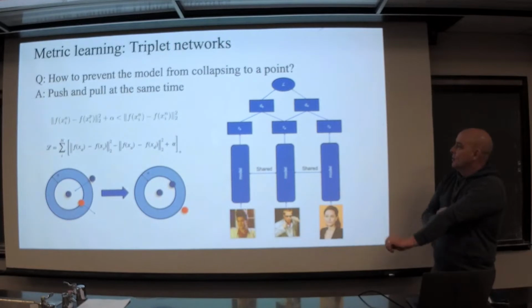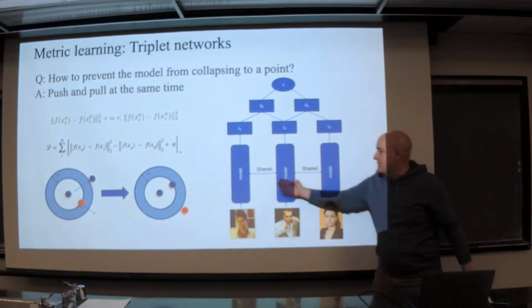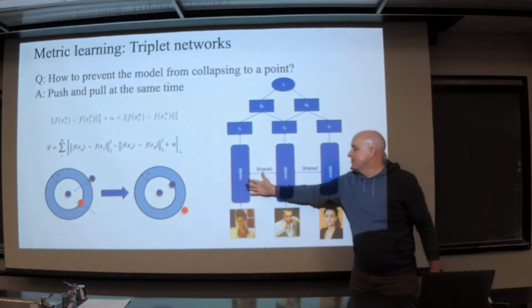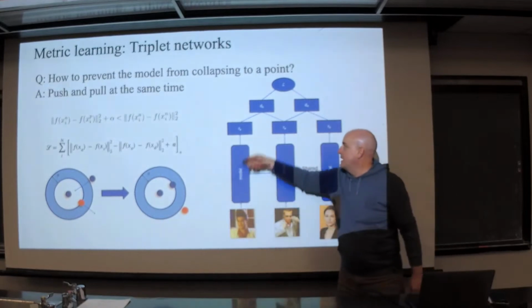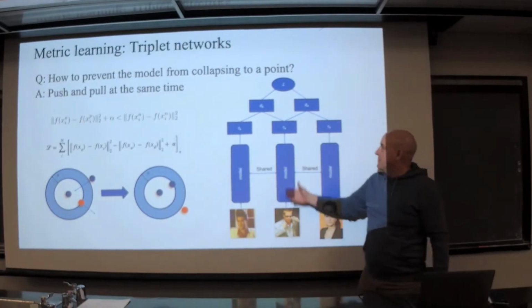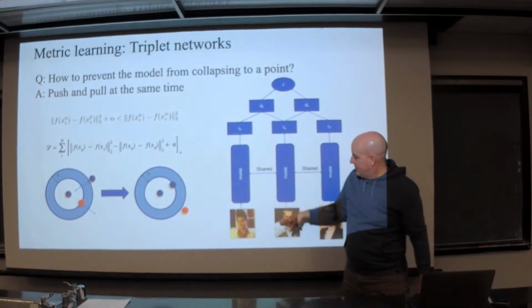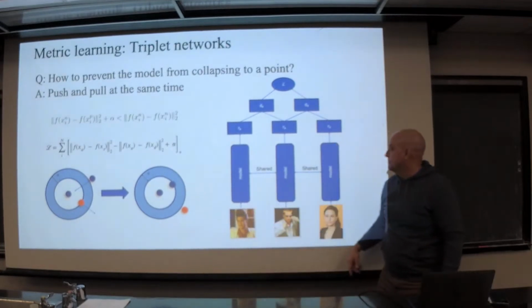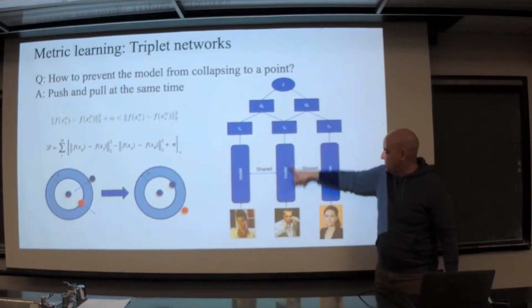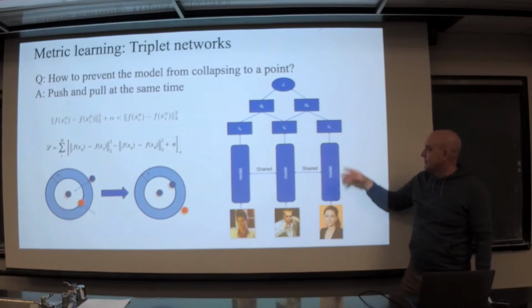And these are all the same neural network. We're going to create embeddings for each one of these, and then compute the distance between our anchor and our positive example, and the distance between our anchor and our negative example.